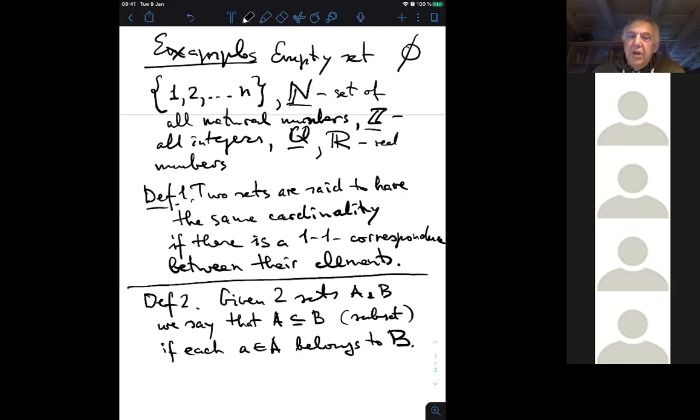So small a would be an element of the capital A. Capital A is a set and small a is its element.